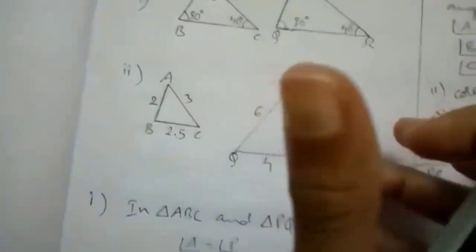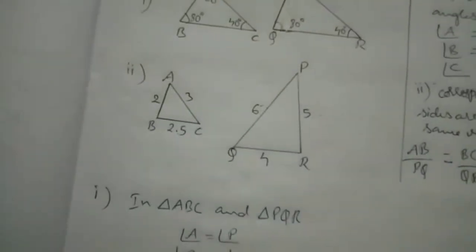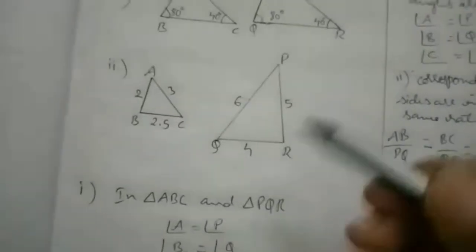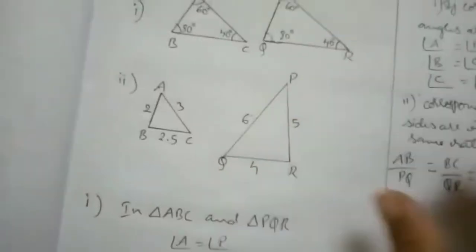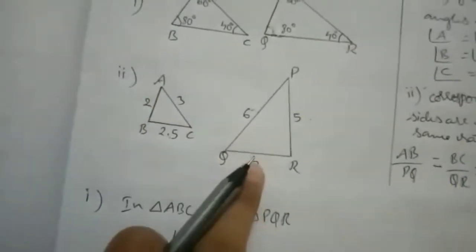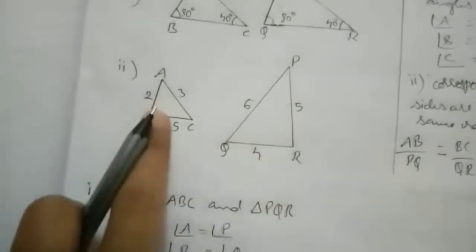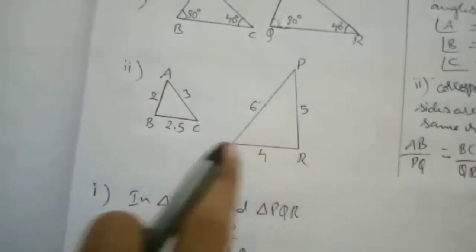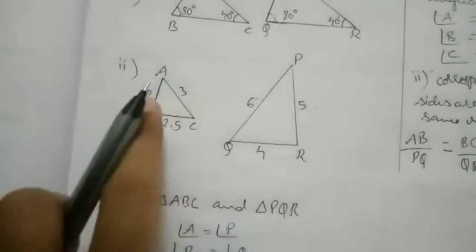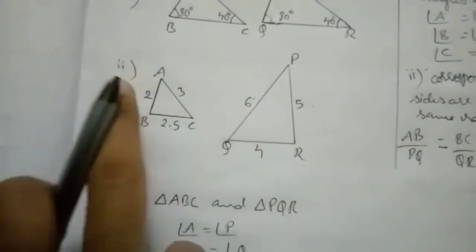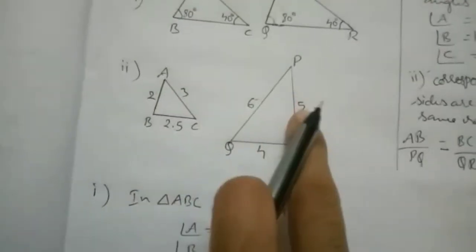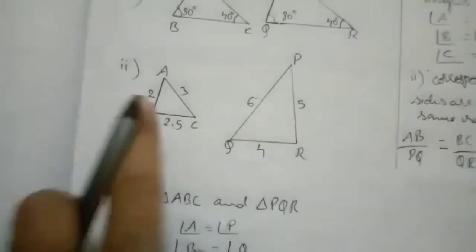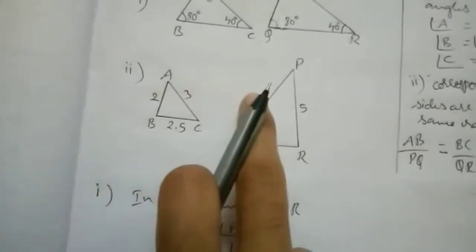Sometimes the triangles will be turned and given, so you have to see how we will get the correct ratio. So 2 and 4, or 4 and 2, and 3 and 6. 2 ones are 2, 2 twos are 4, 3 ones are 3, 3 twos are 6.